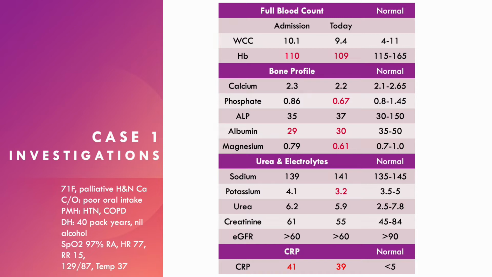But you can see there's been a change in the phosphate and the magnesium. They've both dropped and are now low. Looking at the urea and electrolytes, sodium has stayed static and the renal function is fine, but the potassium has dropped, as was indicated by the venous blood gas. The patient's CRP has stayed static, and there's been no real changes there.